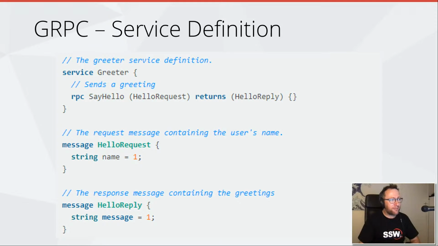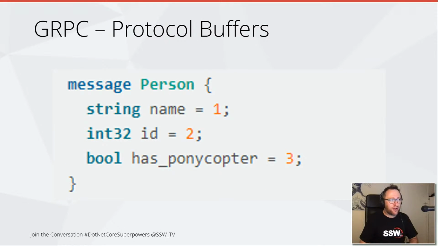But the key thing that happens here is you write this gRPC service, and then .NET will compile the server-side stuff to produce that service and to produce gRPC endpoints that can then provide that service. You then take that same protocol file and put it on the other side in that client, and it will generate a compatible service. So that could be in something completely different, like Ruby or PHP.